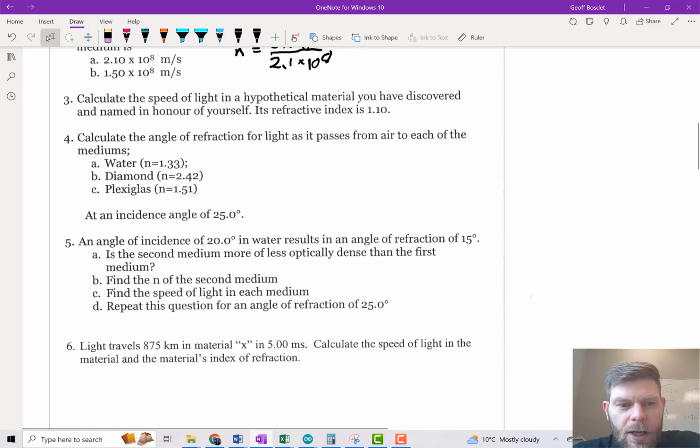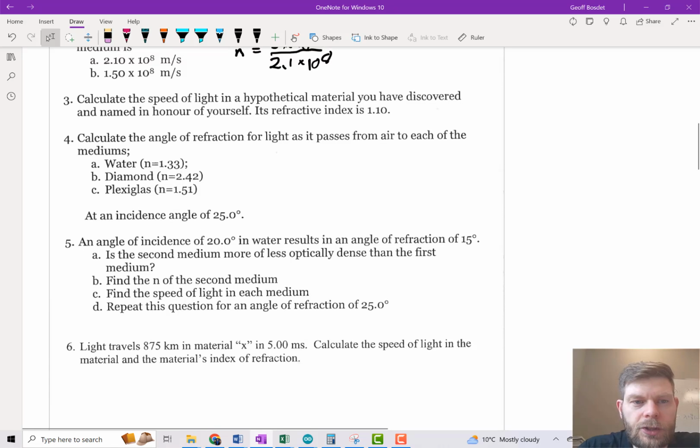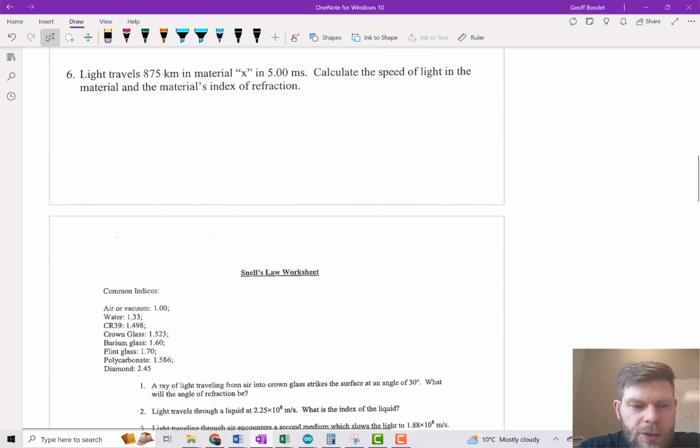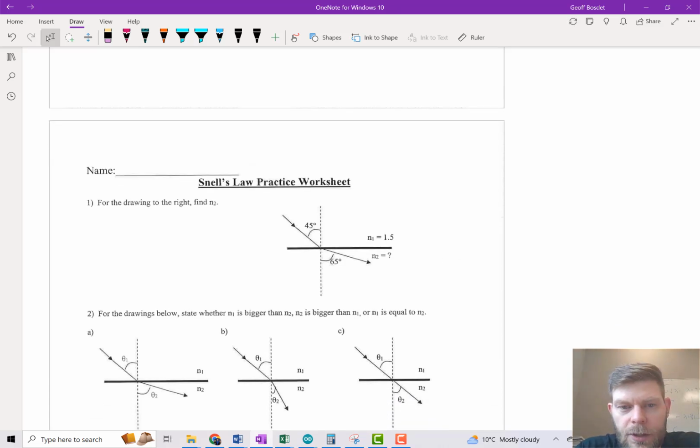Anyway, example of how to do this stuff we got. So why don't we do a visual example? Something like this. So we start off in the first substance at an angle of 45 and an index of that, and we end up with an angle of 65.